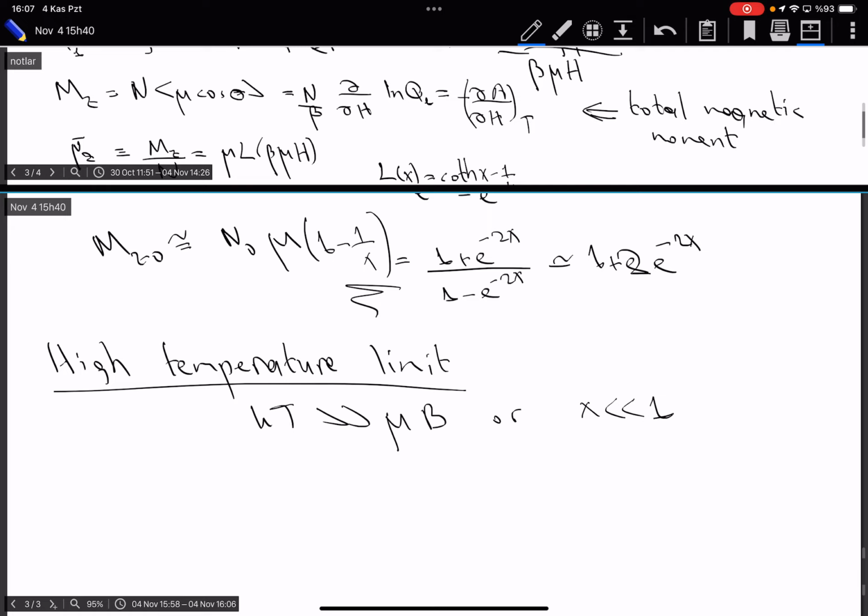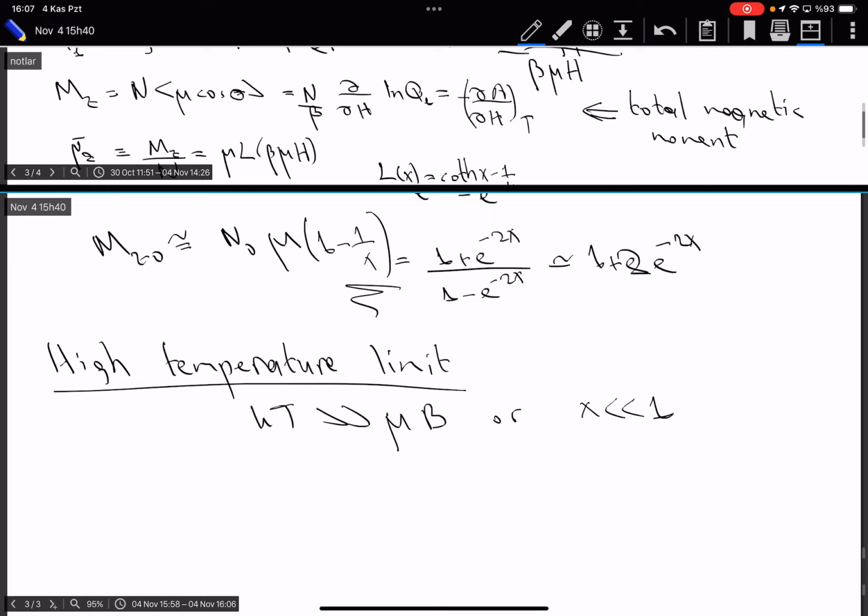Yeah, thermal effects will start dominating, so the magnetic dipoles will be more or less randomly oriented. So we would expect the magnetization to go to 0. That is, in the strict limit, it will be 0. But then the question is, how does it go to 0? That's another question we will ask.